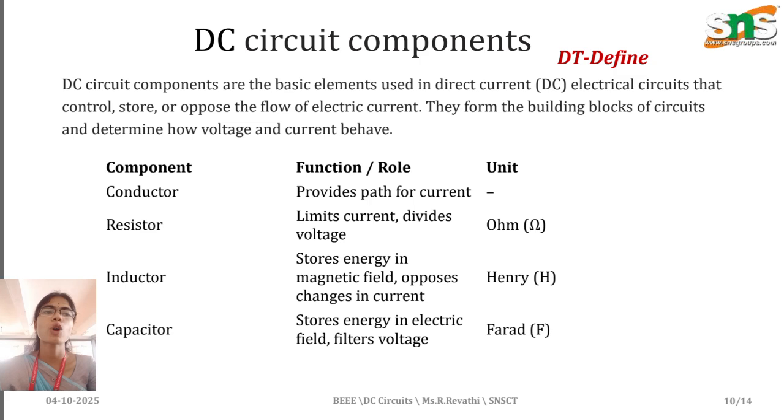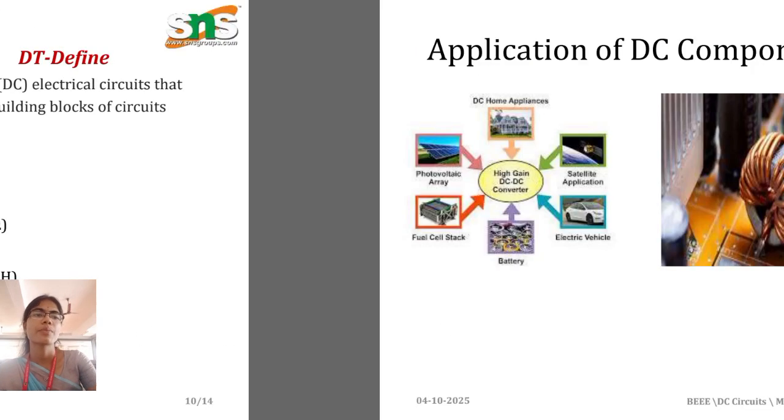They form the building blocks of circuits and determine how voltage and current behave. Conductors provide a path for current, whereas a capacitor stores energy in an electric field and filters voltage. Resistance limits current and divides voltage, and an inductor stores energy in a magnetic field and opposes changes in current.